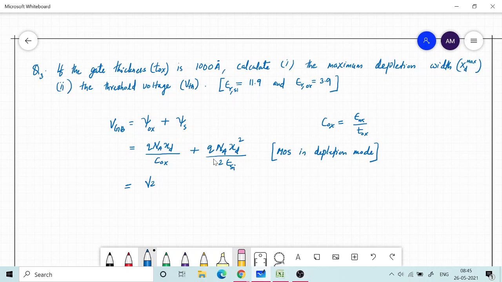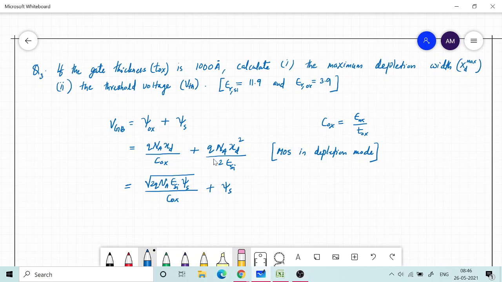That will give you square root of 2 q Na epsilon silicon psi s divided by Cox, plus psi s.